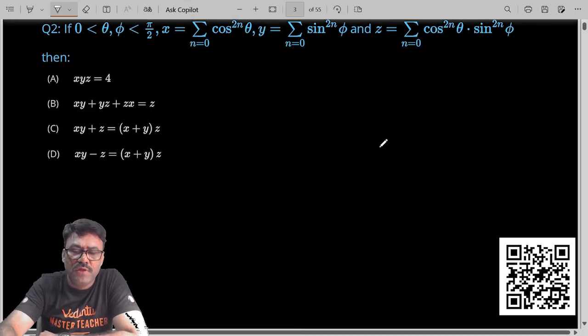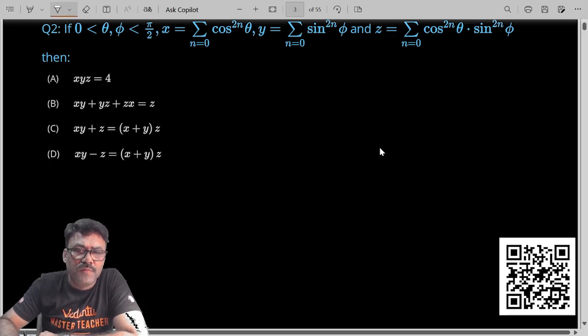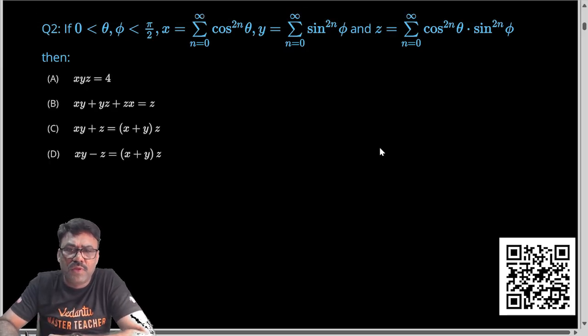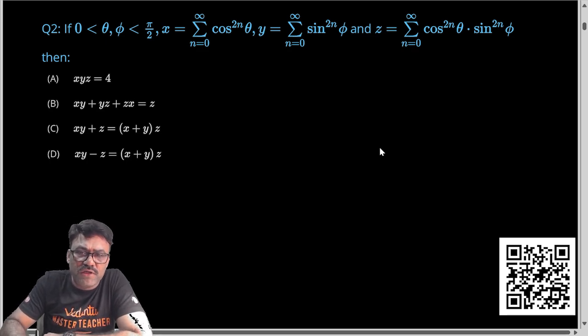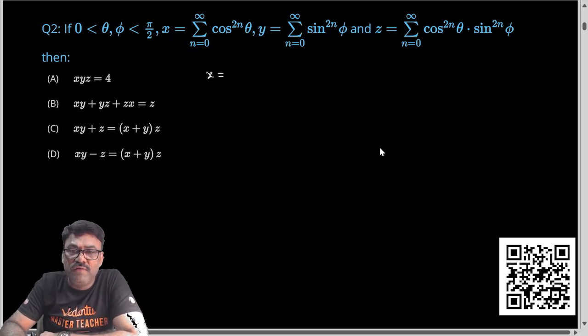The first one is x equal to sigma cos raised to 2n theta, n varying from 0 to infinity. So let's calculate x first. When you put n varying from 0 to infinity here, it is basically a GP with first term 1, common ratio cos square theta, and infinite GP.